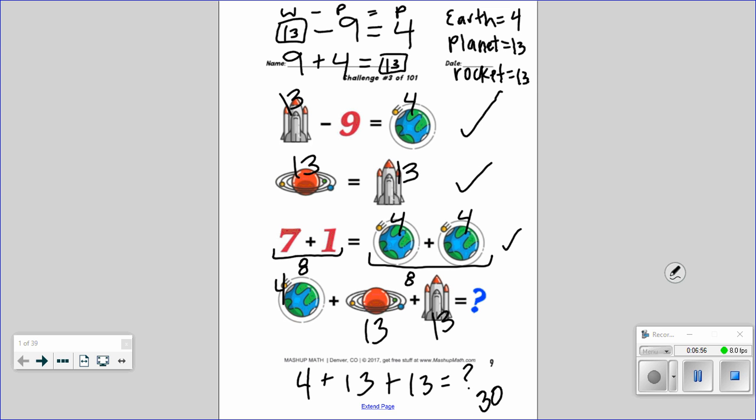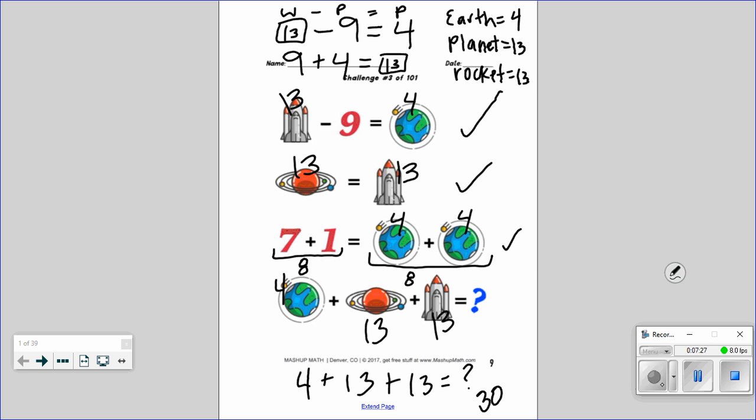I wrote an R for rocket for 13. Then for the planet, because you can't see the color, I just put P for planet. Works for me. I put P with a 2 next to it. Whatever works for you.